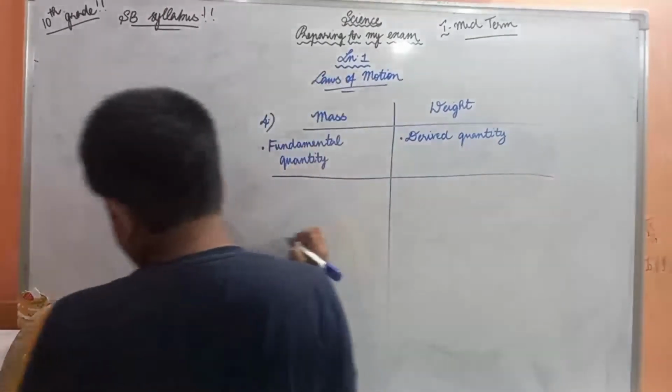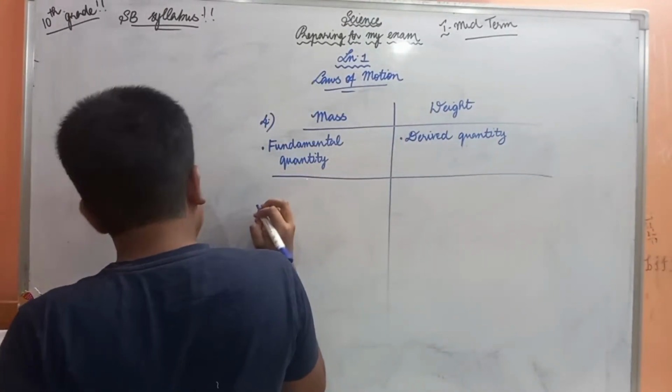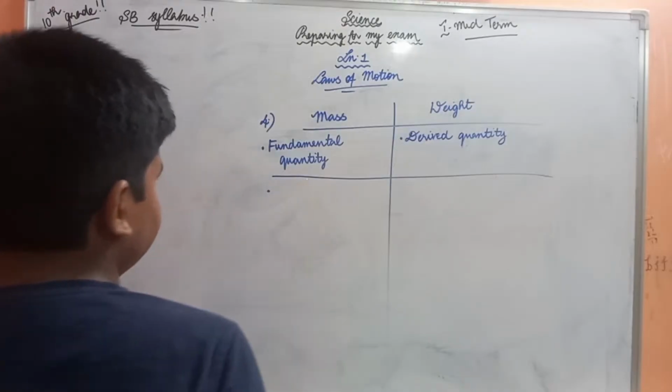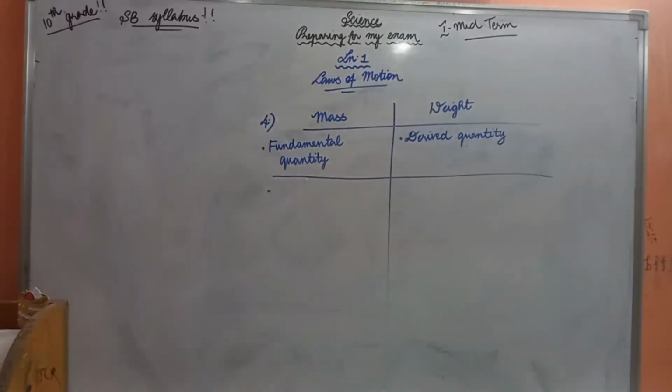That's point number one. To be honest, there are many units with mass, such as kilogram, gram.